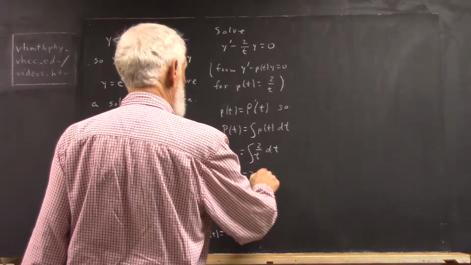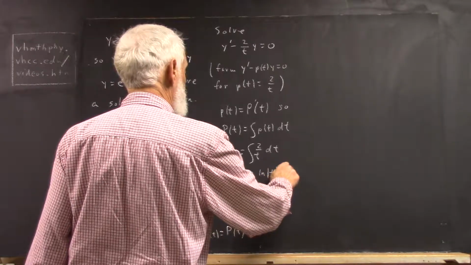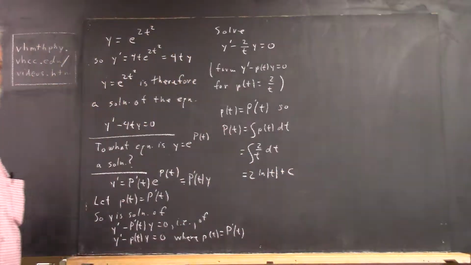So that's 2 times the natural log of the absolute value of t plus an integration constant.